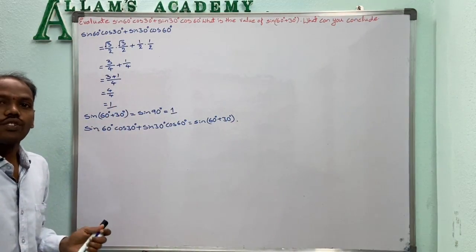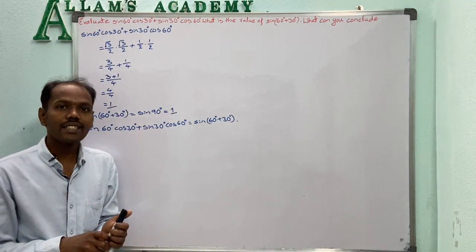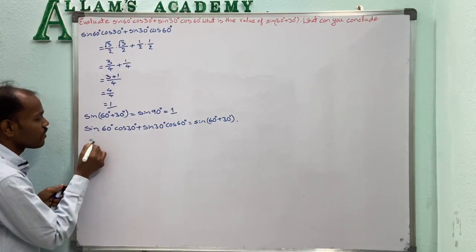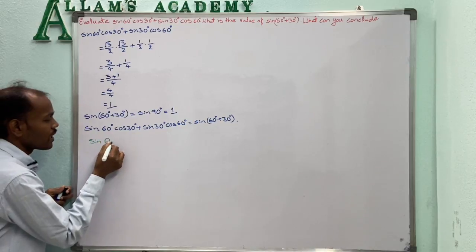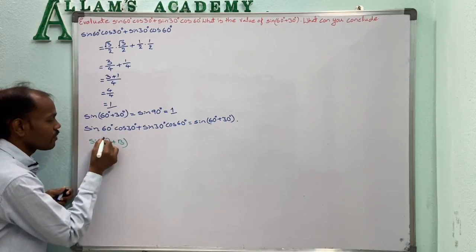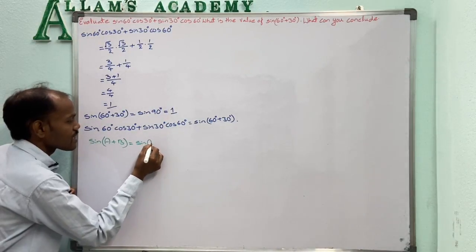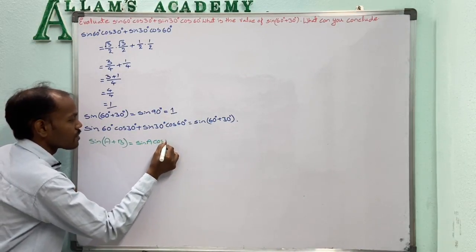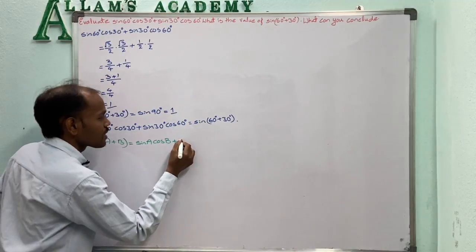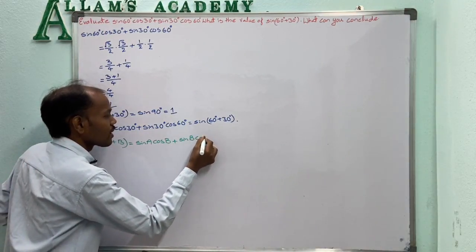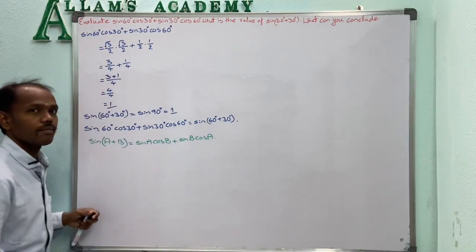Okay. So if we retain this as a principle, we can write sin of a plus b equals sin a cos b plus sin b cos a.